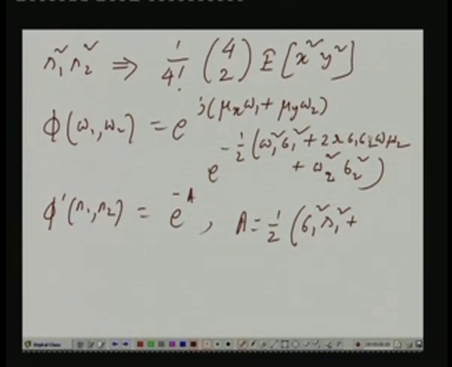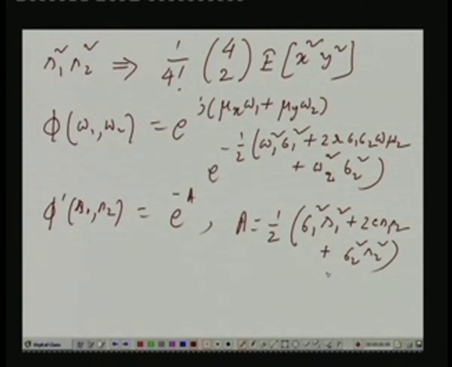So you can say this is covariance C. So you can say twice C S 1 S 2 plus S 2 square, there is sigma 2 square S 2 square.